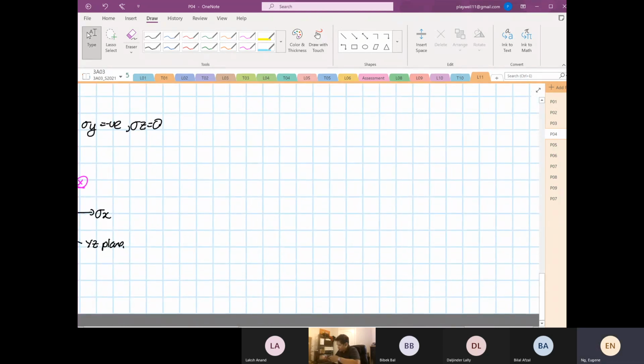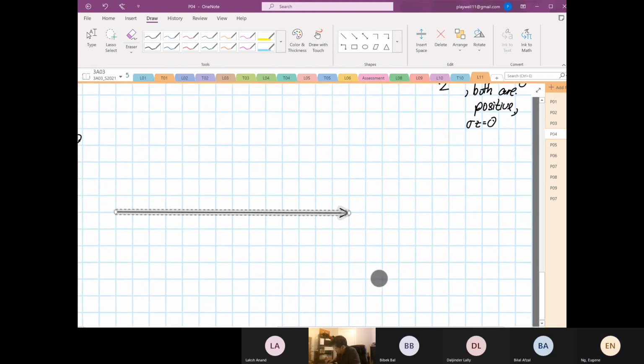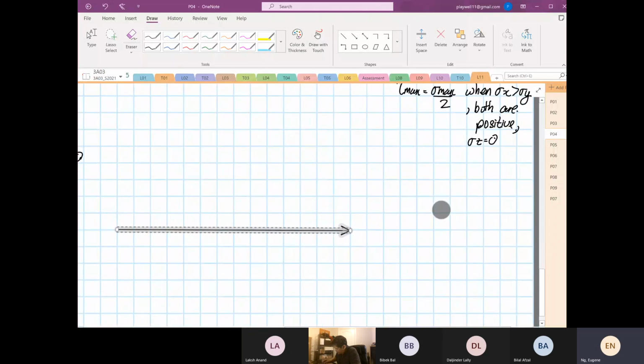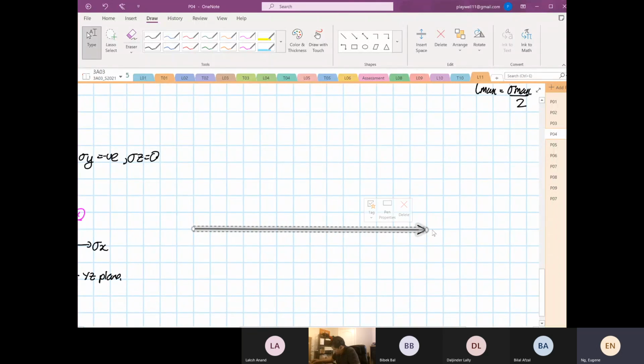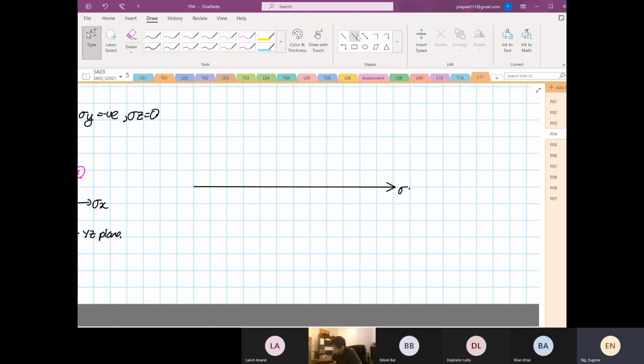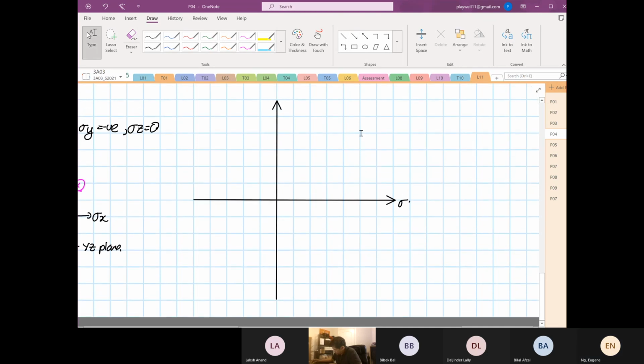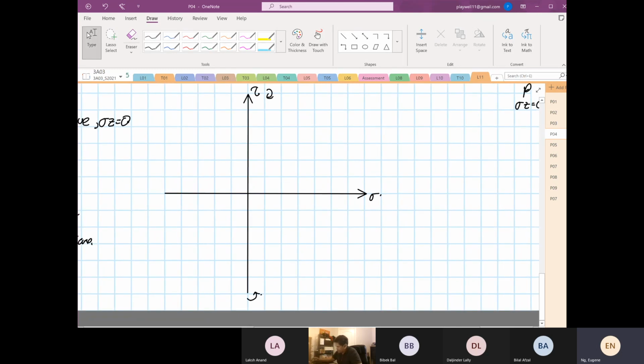Okay, so now let's draw the 3D Mohr circle. So this is our normal stress, and then we have our shearing stress. Element rotates clockwise, element rotates anti-clockwise.